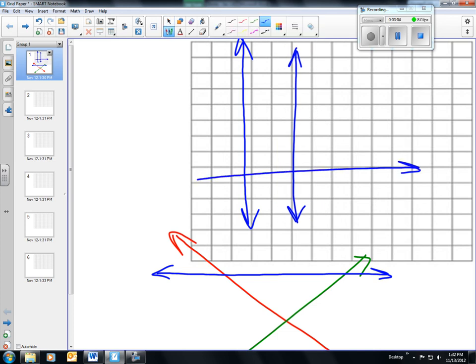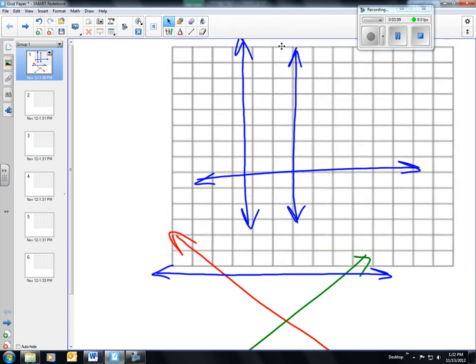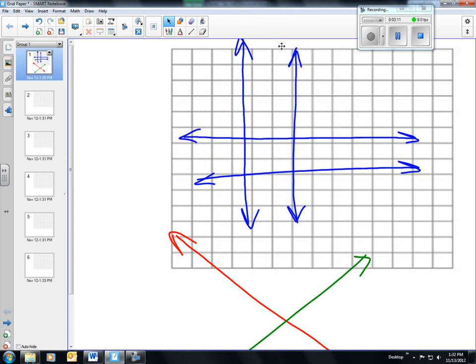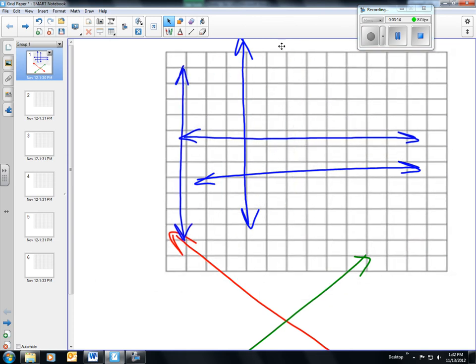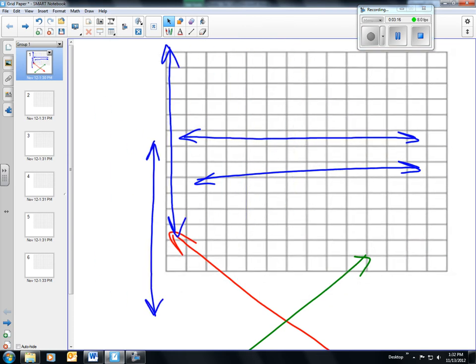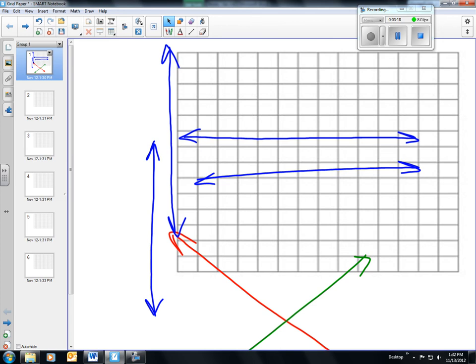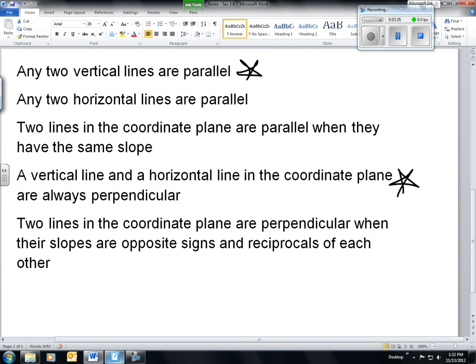And the two horizontal lines here are also always going to be parallel to each other. So two horizontal lines are always parallel. Okay, so really parallel basically just means that the two lines have the same slope. Okay, so that's one key aspect.